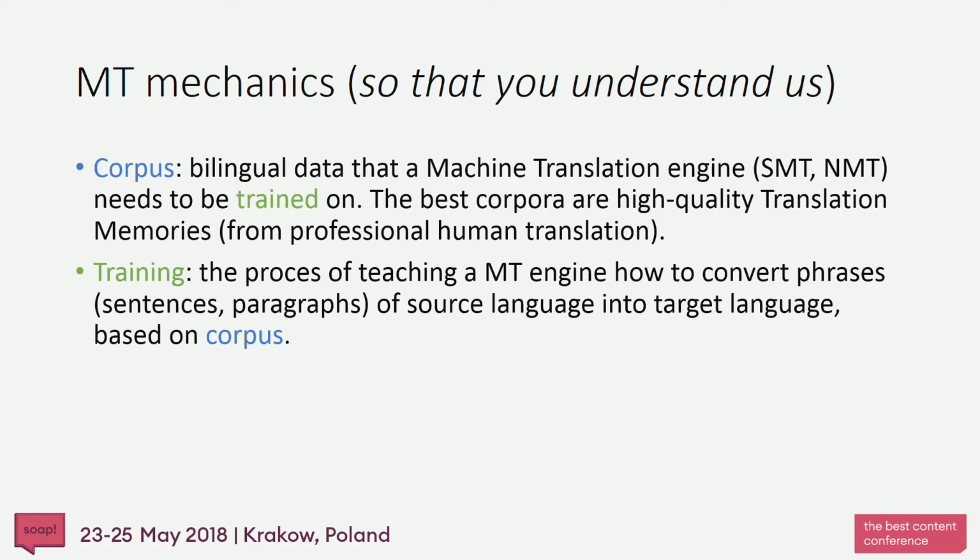Translation memory, so-called. And the second expression you need to be familiar with, because we will be using it even if we don't want to, is training. That's the process of teaching the MT engine how to convert phrases or paragraphs or sentences of the source language into the target language.